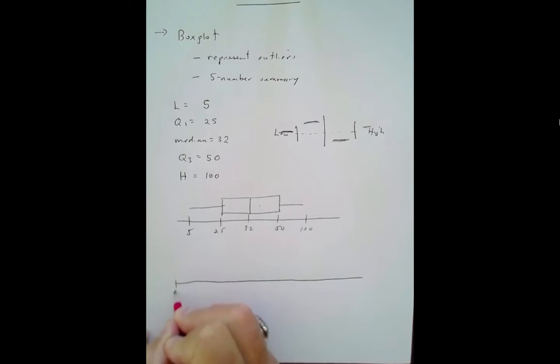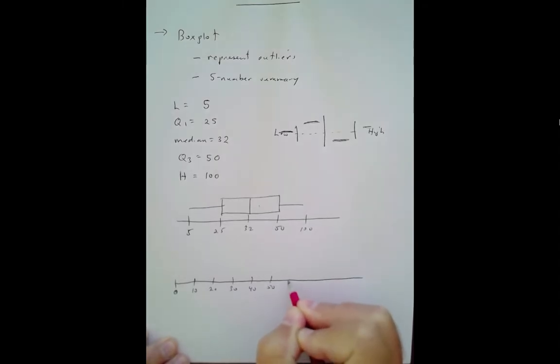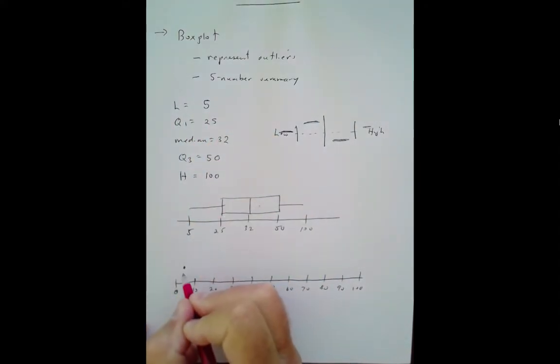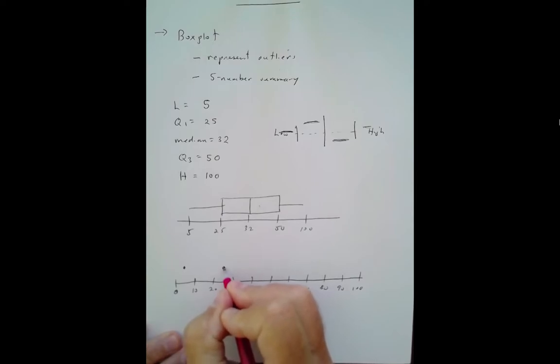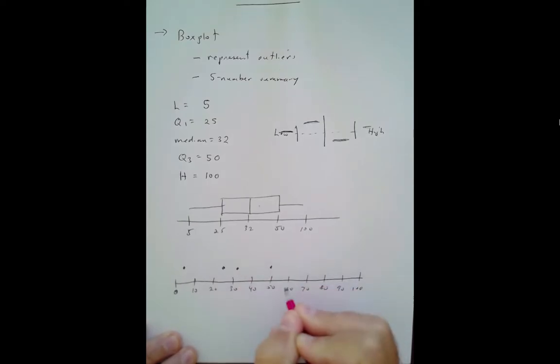So I would probably come in here at 0 and go 0 to 100 by tens. Then I would come in and make these marks. So I'd make a mark at 5. I'd make a mark at 25. I'd make a mark at 32. I'd make a mark at 50. And I would make a mark at 100.